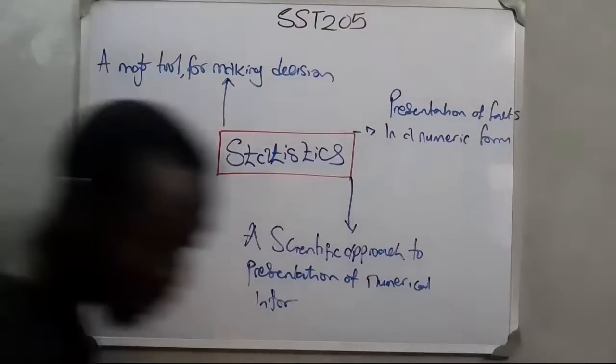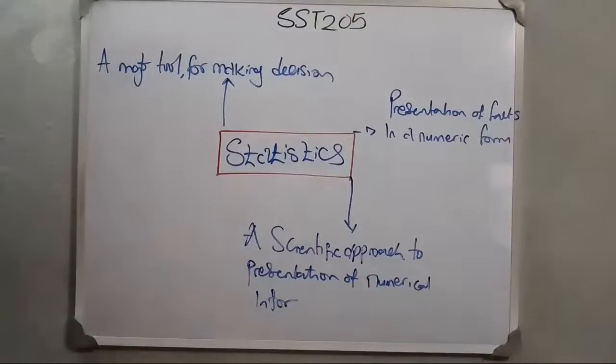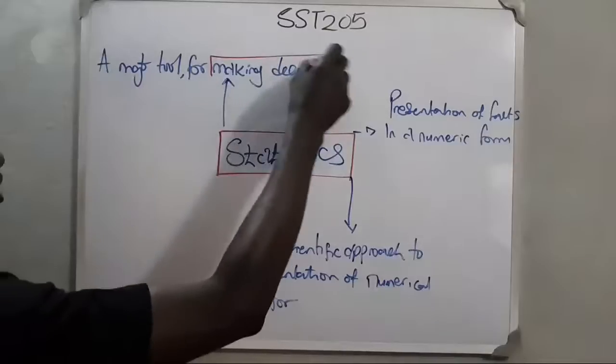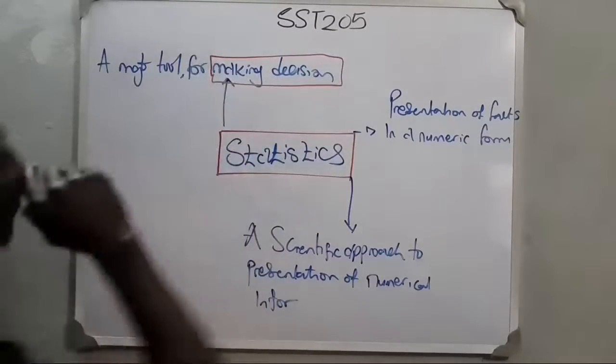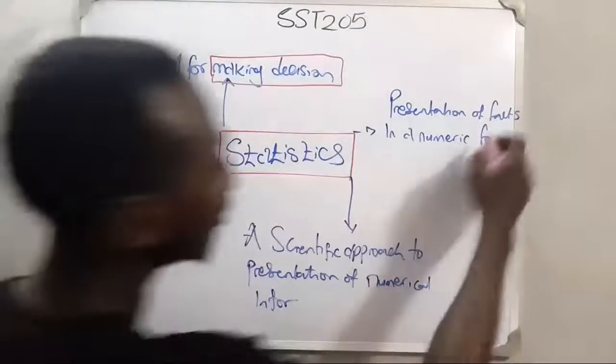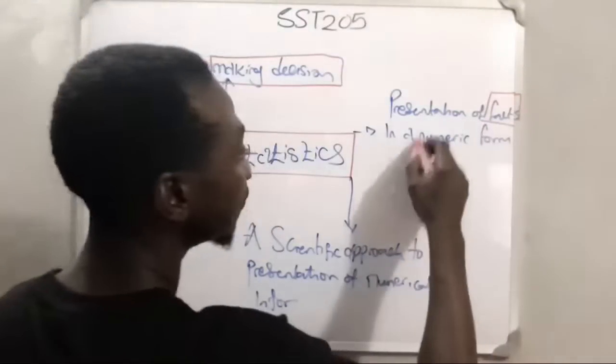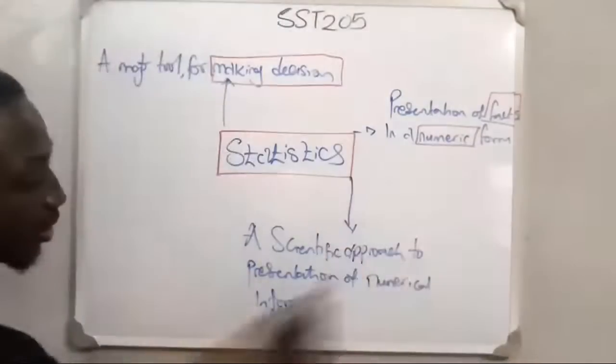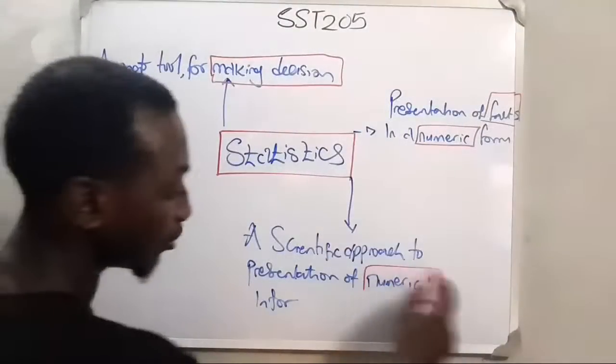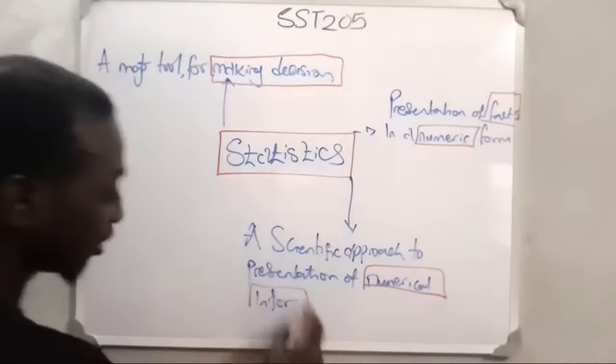Now, let's take note of all these keywords. We have making decision, we have facts, we have numerics, we have numerical, we have info.